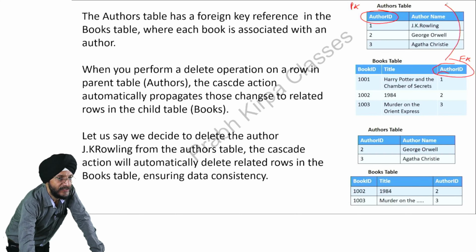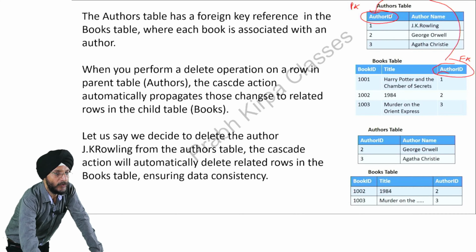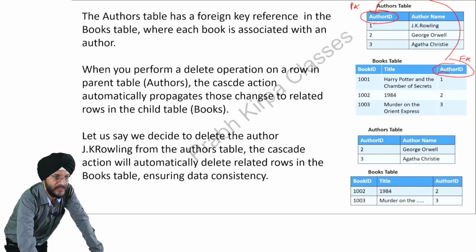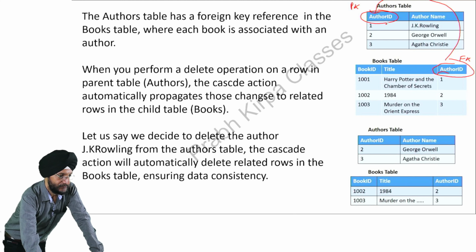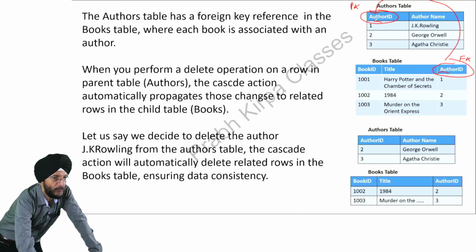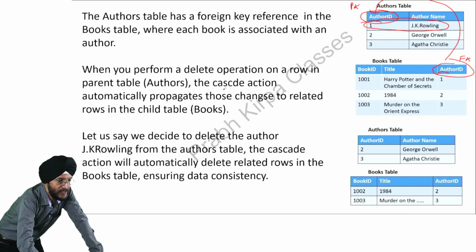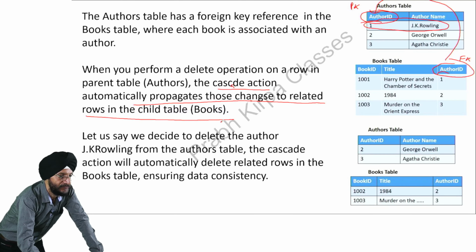It has a relationship with this author ID in the authors table. When you perform a delete operation in this table, suppose you want to delete this author J.K. Rowling, the cascade action automatically propagates those changes to the related rows in the child table.